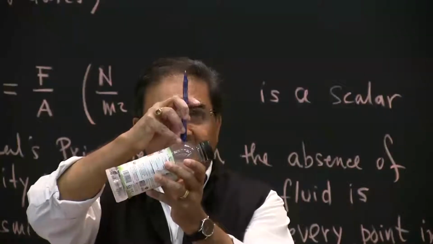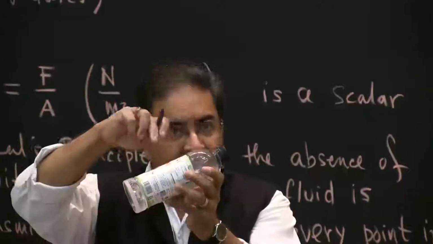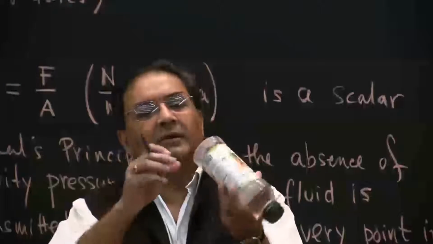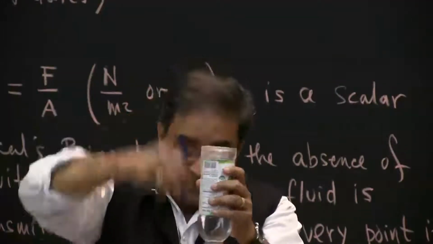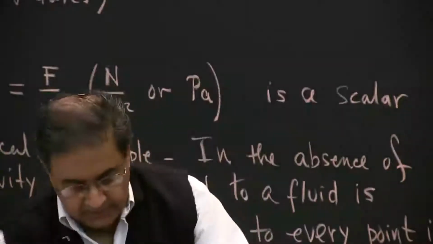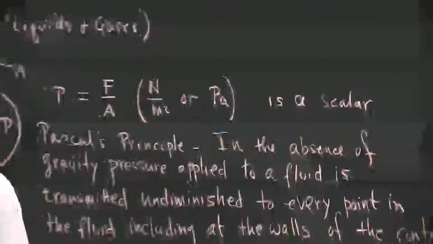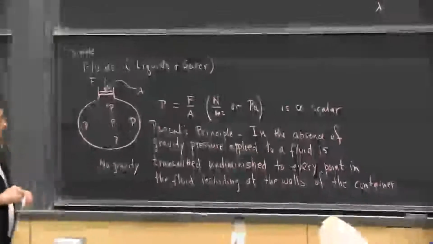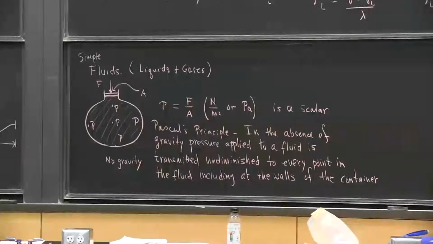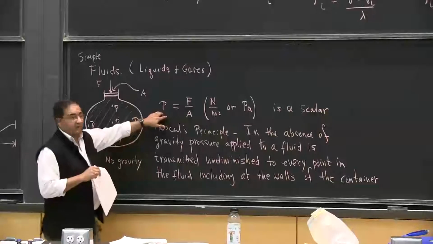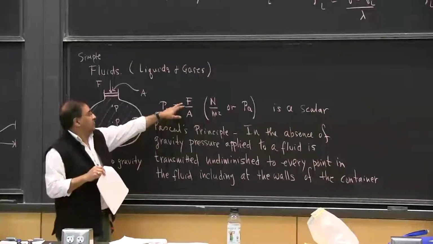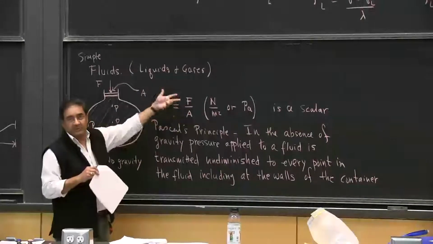That's how the area vector is defined. So if it were concave, this is kind of concave here, the area vector would be the other way. So anyway, that's how it's defined. It transforms as a vector. It's a little bit mathematical, so I wouldn't get into that. But it suffices to know that pressure is a scalar, not because of some strange magic, but because it's a division of one vector by another.